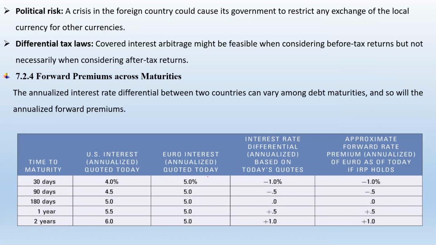So the interest rate differential is negative 1%, which indicates the premium is negative 1%, a 1% discount. For 90 days, the interest rate is different. The interest rate differential is negative 5%, which indicates the premium is negative 5%. For 2 years, the interest rate differential is 1%, which indicates the premium is 1%.